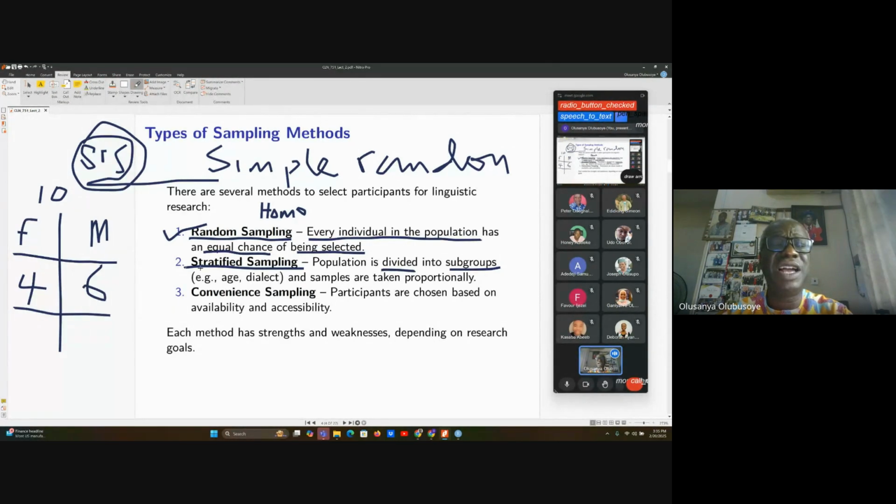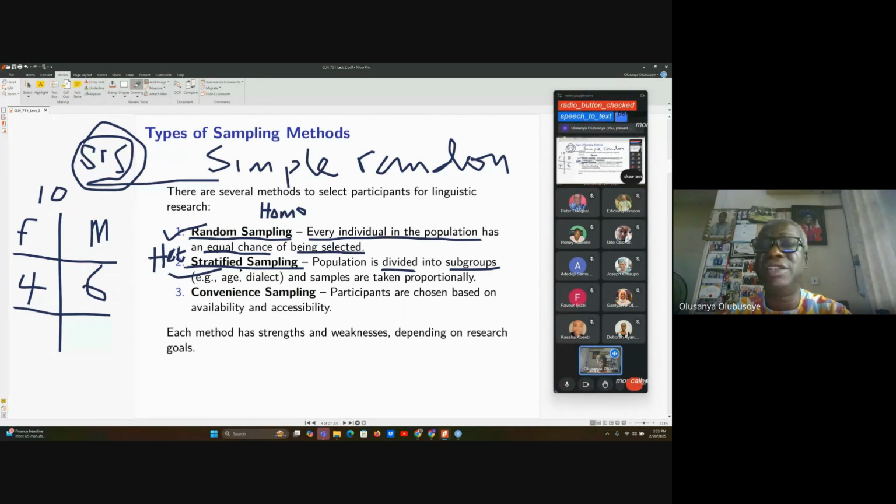But if they are heterogeneous, then it is better to apply stratified sampling. The first thing to do is to group them based on their distinct features.